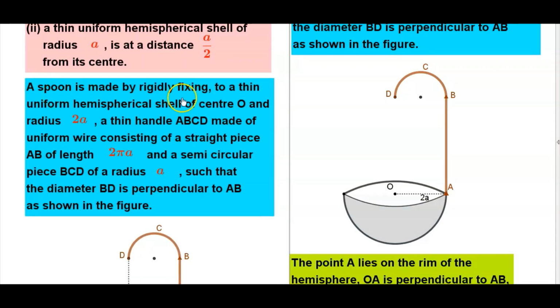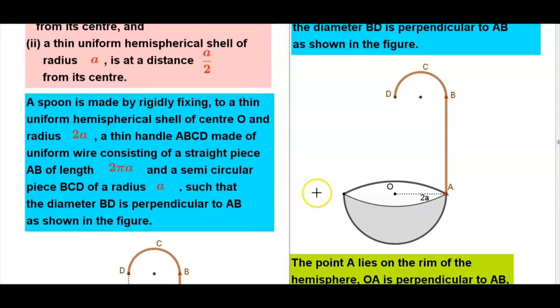A spoon is made by rigidly fixing to a thin uniform hemispherical shell of center O and radius 2a a thin handle ABCD made of uniform wire, consisting of a straight piece AB of length 2 pi a and a semicircular piece BCD of radius a, such that the diameter BD is perpendicular to AB as shown in the figure.